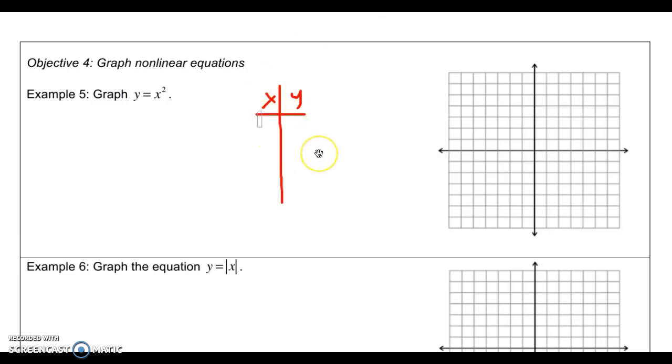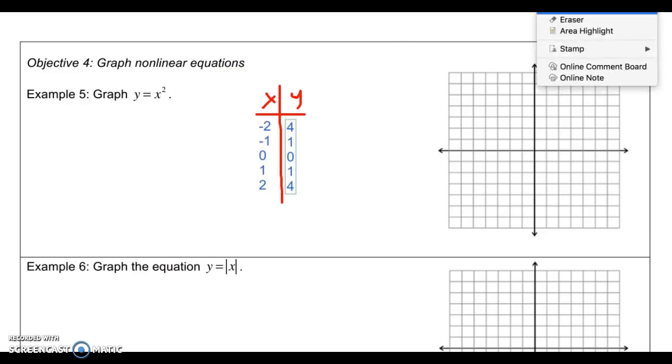So for x, we'll say our values will be negative 2, negative 1, 0, 1, and 2. And when you substitute those into the equation, you'll find negative 2 squared is 4, negative 1 squared is 1, 0 squared is 0, 1 squared is 1, and 2 squared is 4.